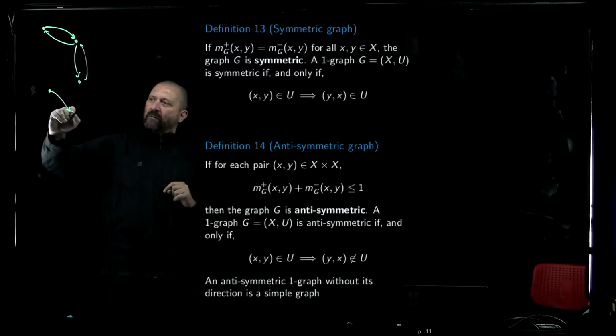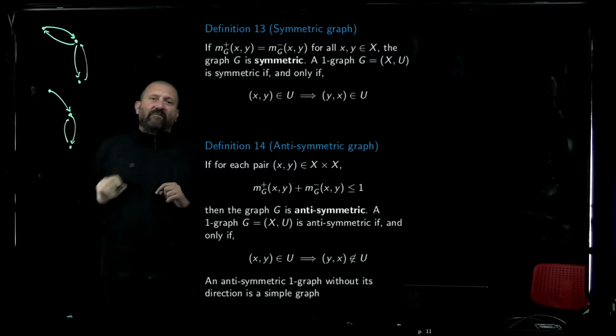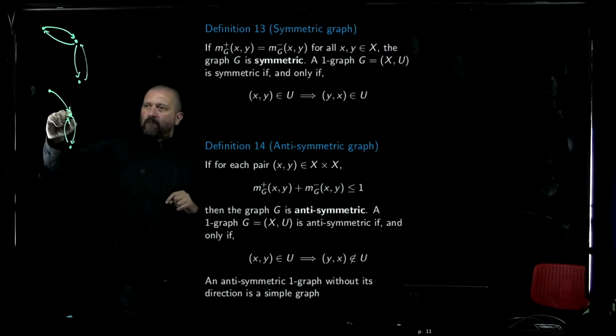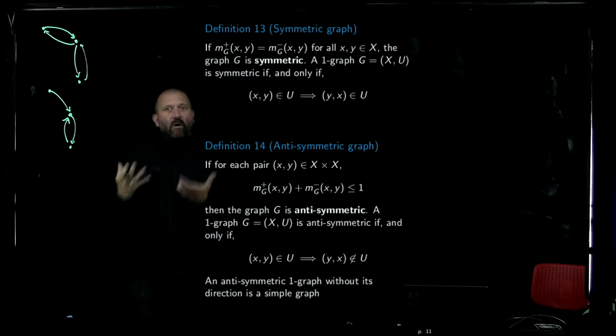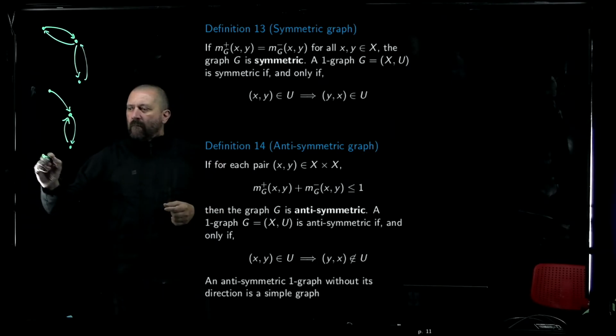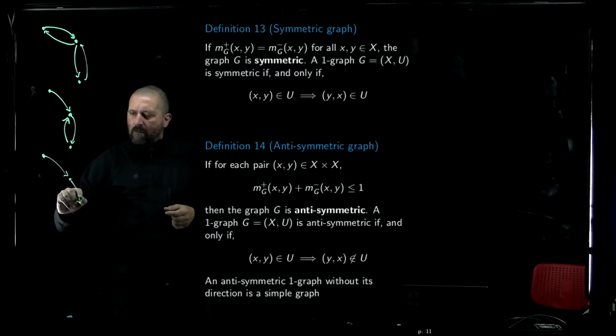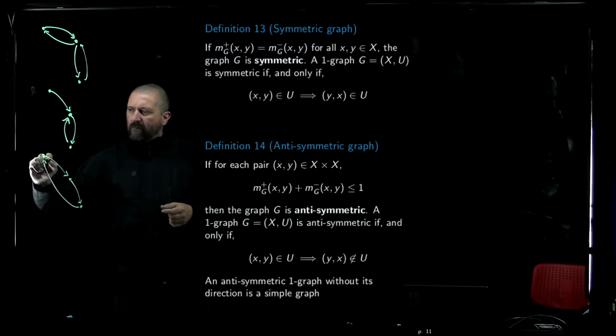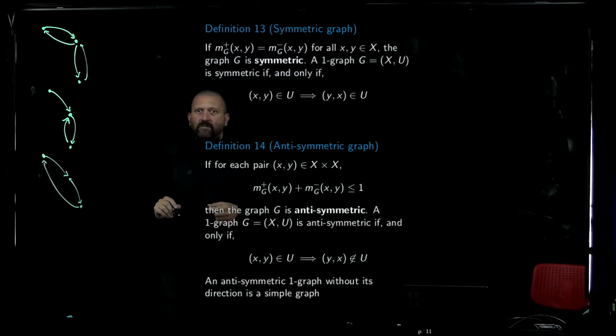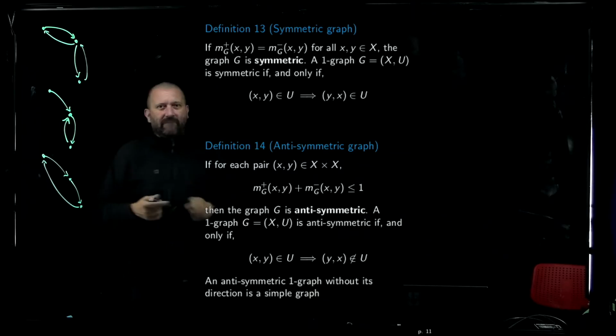So I would have something like this, but I would not be able to add something like this. This graph here is not anti-symmetric. This one is, okay, because I have no reverse arrow in any case. Not having an arrow is okay, but if I have an arrow, I can't have another one in the other direction.